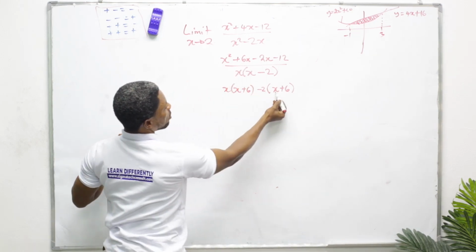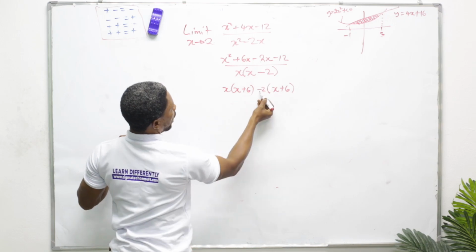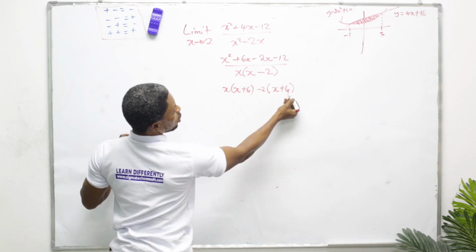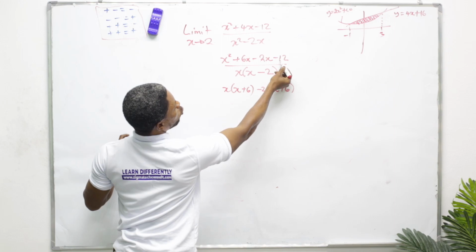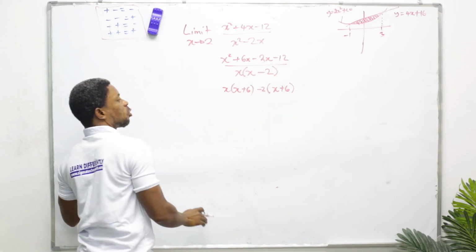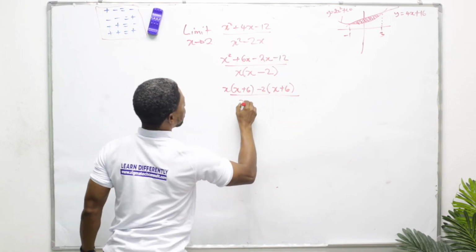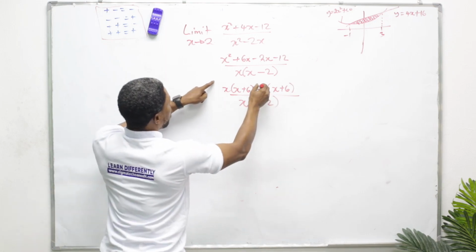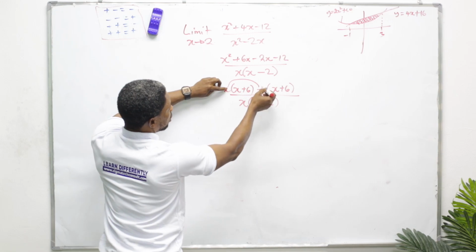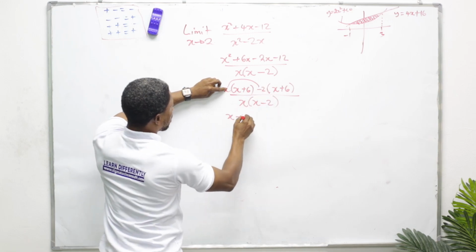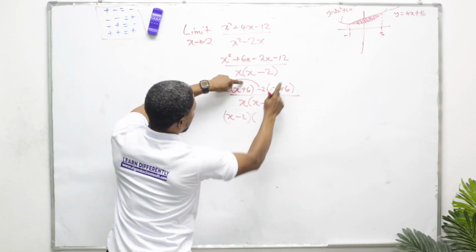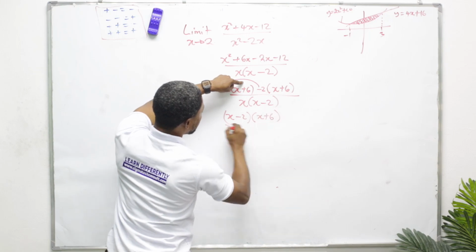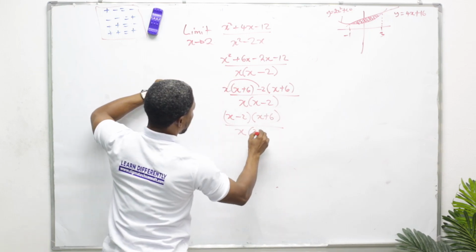Minus 2 times x will give me minus 2x, and minus 2 times plus 6 will give you minus 12. So now, this is the same thing as x minus 2. Now, this one and the outside numbers will form a bracket. And I told you out of the two brackets, pick one. The denominator is x, open bracket, x minus 2.